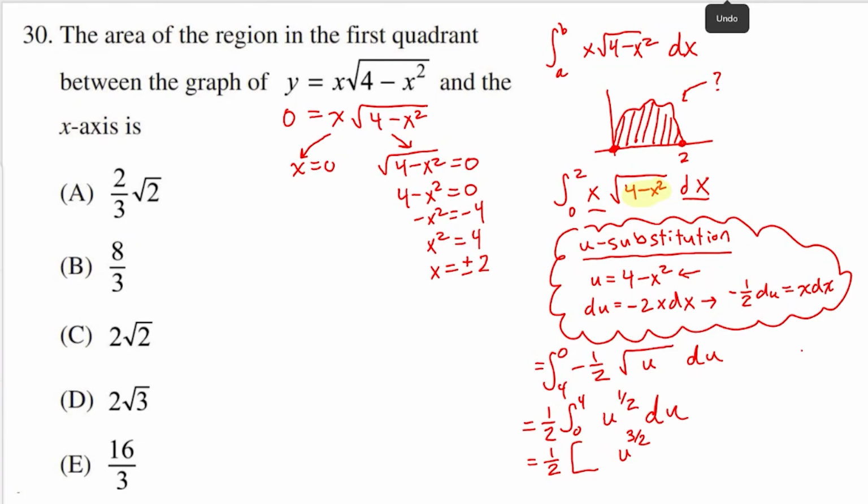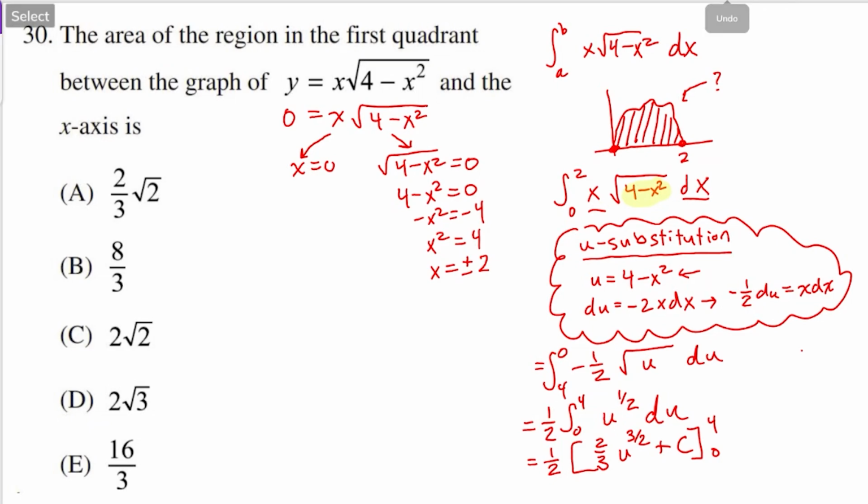Dividing by 3/2 would be equivalent to multiplying by 2/3, and then we have a plus c. And we want to evaluate that from 0 to 4 using the fundamental theorem of calculus to come up with our answer. Now, one nice thing about the u substitution method is that you don't necessarily need to go back and replace everything that's in terms of u with expressions in terms of x. We can simply find the value with the new u expression.